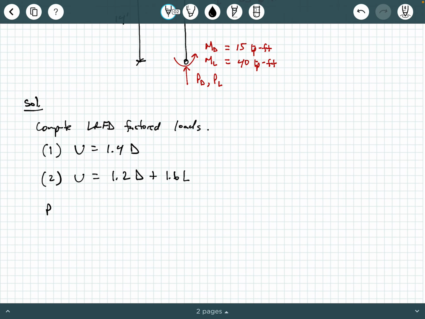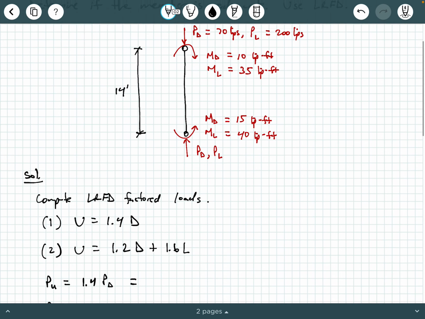We're going to say P_u equals 1.4 P dead, and then we can say check the P_u equals 1.2 P dead plus 1.6 P live. So I'm going to punch both of these in my calculator quickly and see what we get.